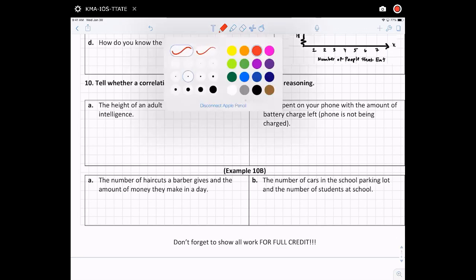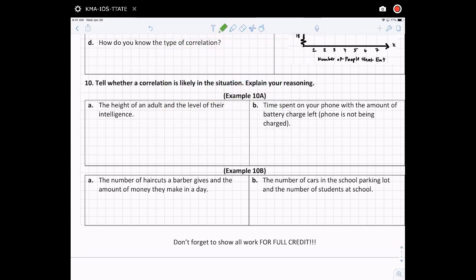So I would put, let me get this in. No, and then you can just say intelligence does not rely on how tall or not tall you are. Okay. Now I specified as an adult because if I didn't specify adult, then maybe you would think someone taller is older, so they are a little bit smarter.